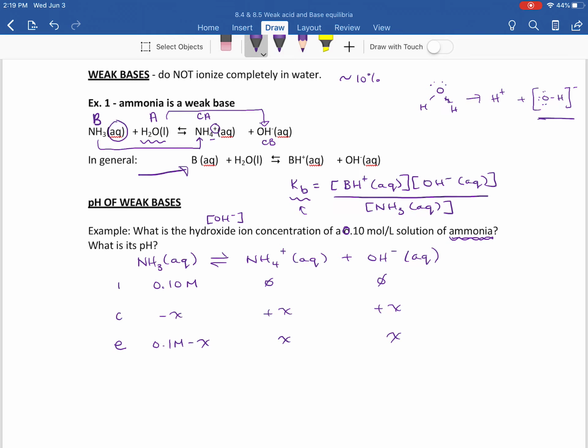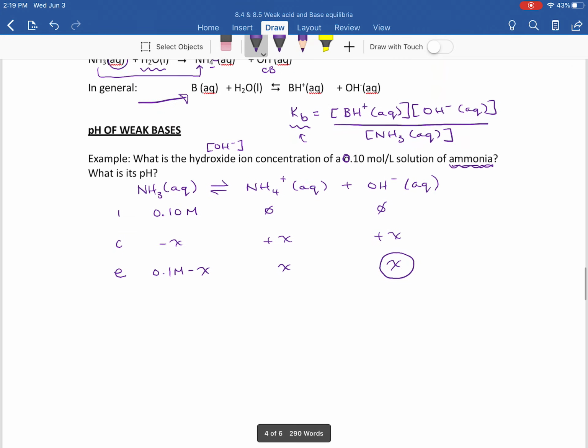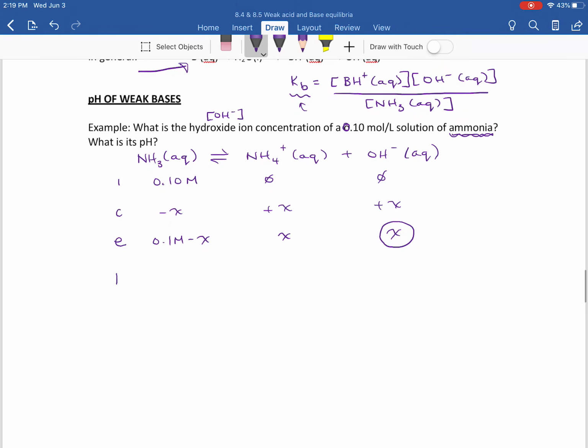So now we're looking for the hydroxide concentration. This is the entity we need to know. So we can use our Kb equation. Okay, we can use this to find our x.